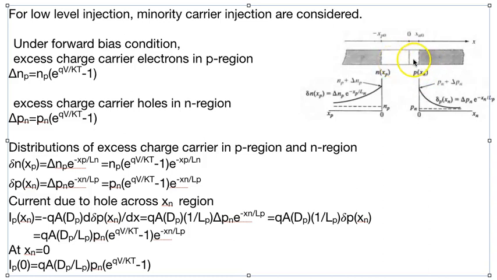Where electrons and holes cross each other, they are majority carriers in the region, but when they come to the edge, they become minority carriers. With an exponential decrease, they decay over a diffusion length with a constant time period, with Pn plus del Pn, where del Pn is the minimum value to which they decrease.